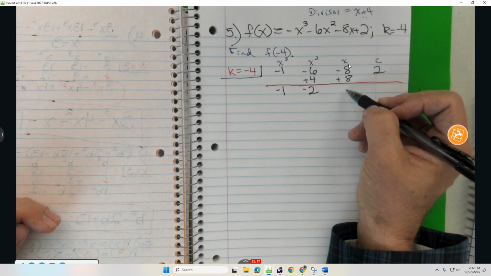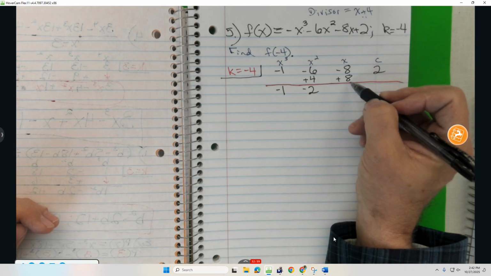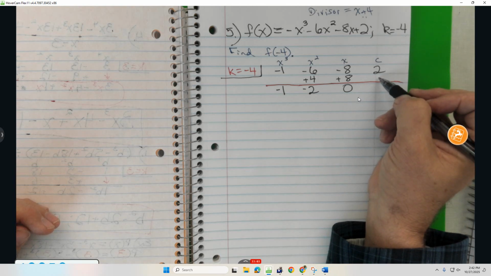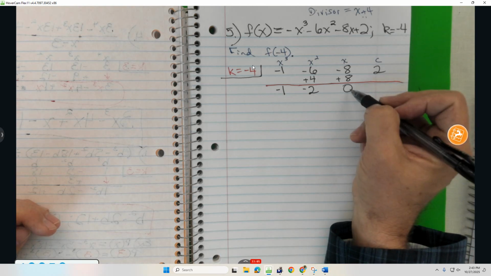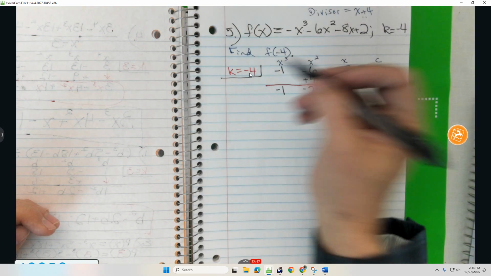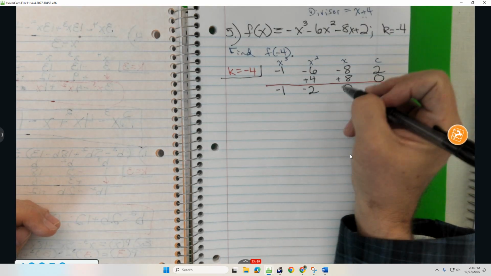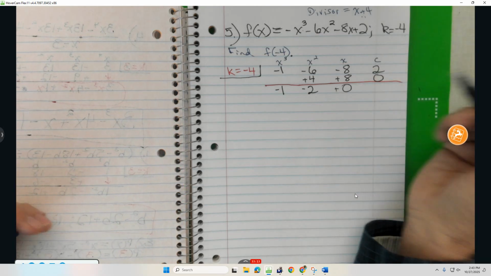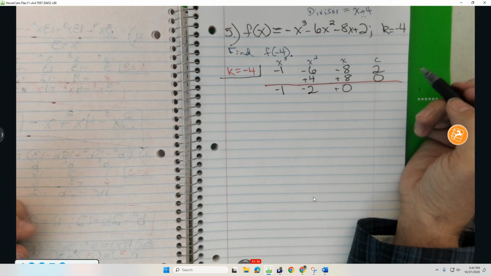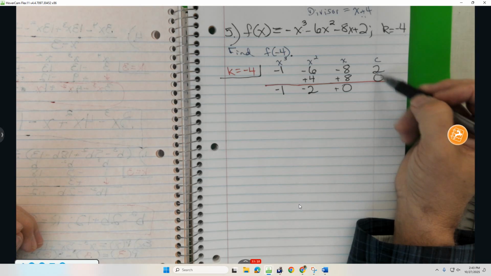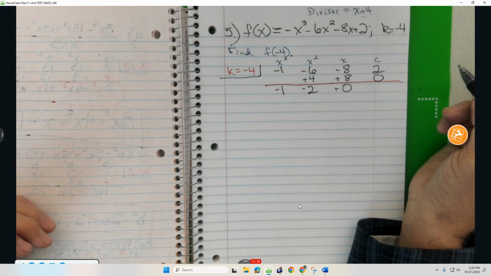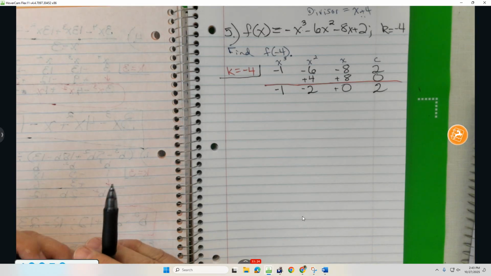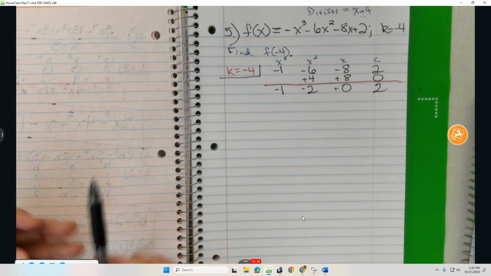Here, negative 8 plus 8 gives me a 0. What are we going to put here? 0 times negative 4 gives me another 0. I guess I put a plus there just because it looks better, although it doesn't matter. And what have we got here? A positive 2. What's the value of f of negative 4?